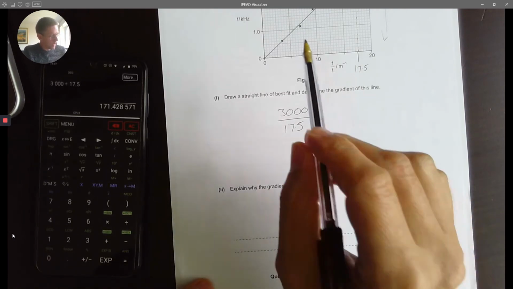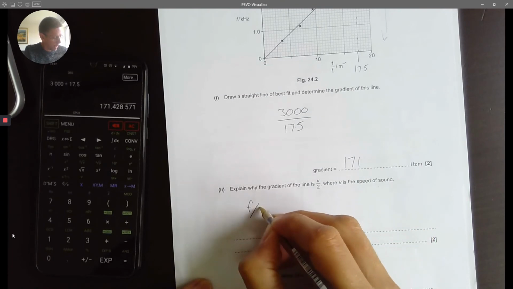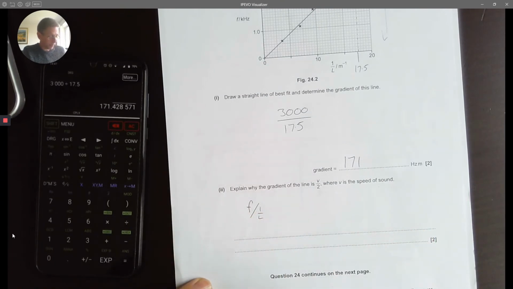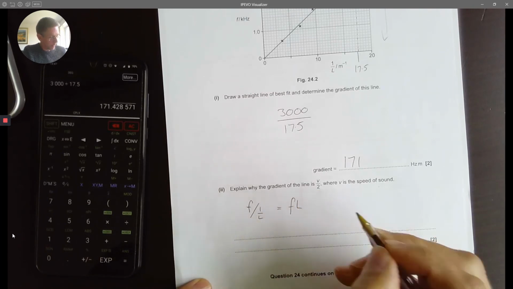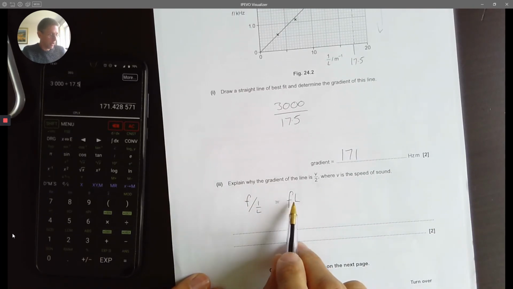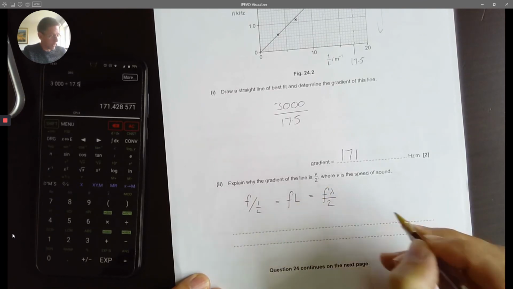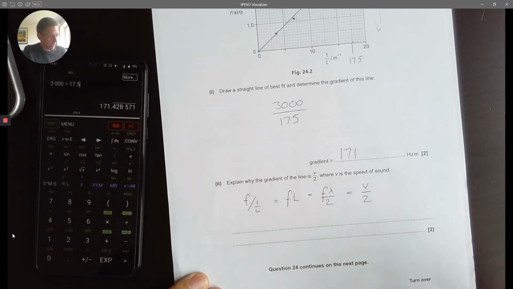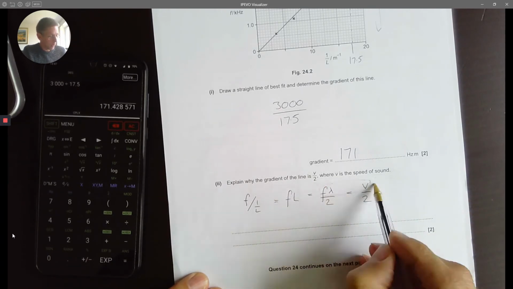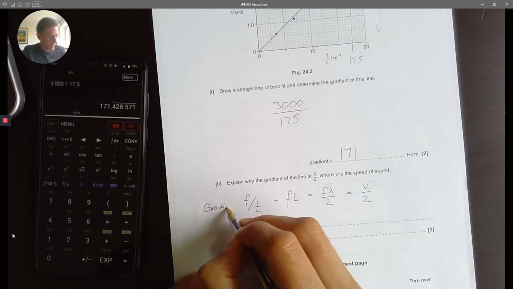Well, the gradient is f divided by 1 over L, which is fL. And we already noted that L was lambda over 2, so that's f lambda over 2. And then we remember the wave equation, that v equals f lambda. So that's why we've got that. So gradient is indeed v over 2.